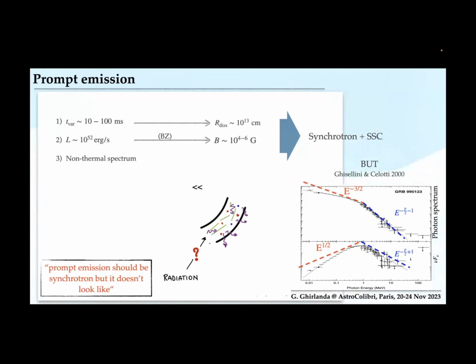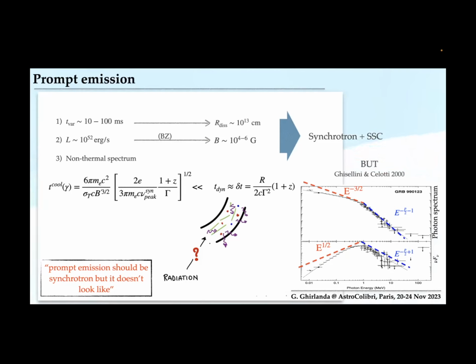However, when we go to the observations, there is an issue. What you can do very simply is to calculate the cooling time scale of accelerated particles, thinking about electrons primarily producing the radiation you see.